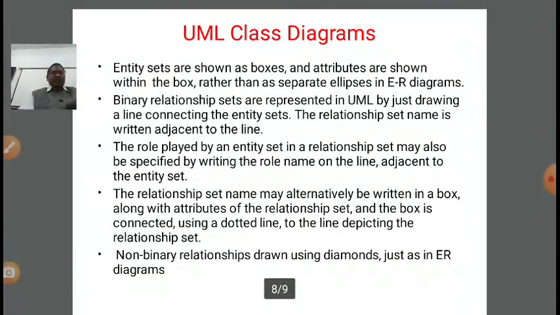Now in UML, we mainly use the class diagram. It is just used for the binary relationships, which are represented in UML by just drawing a line connecting the entity sets. The relationship set name is written adjacent to the line, and non-binary relationships are drawn using diamonds, just as in the ER diagram, right?